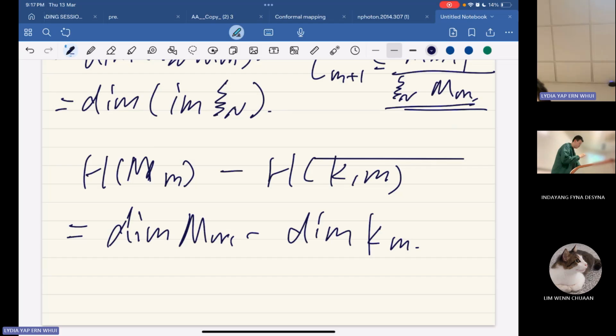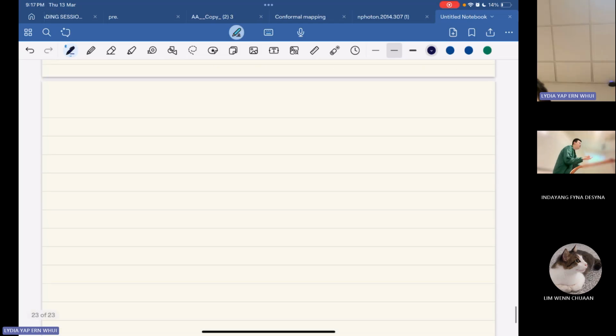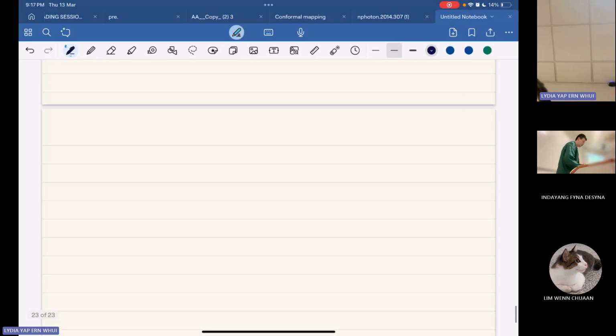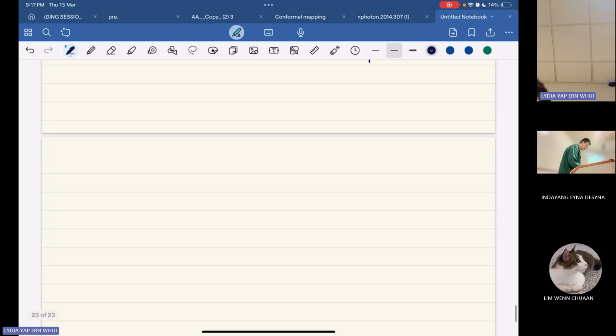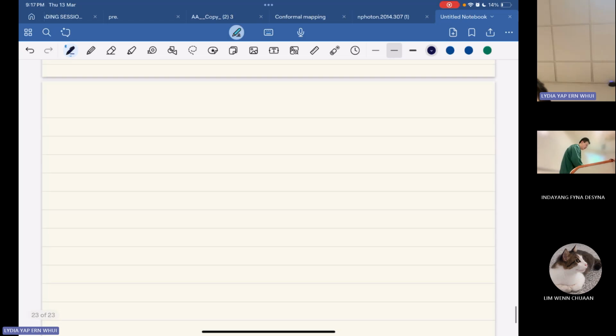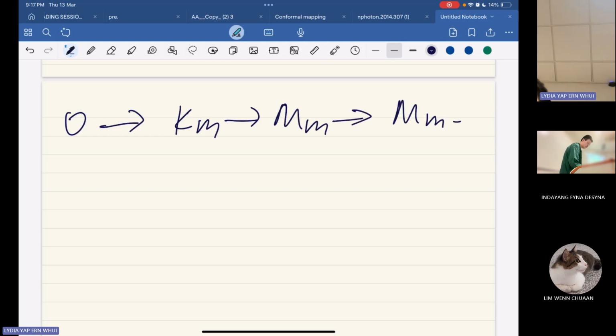And we go back to this exact chain, which has the first few terms 0 to K(m) to M(m) to M(m+1), right?